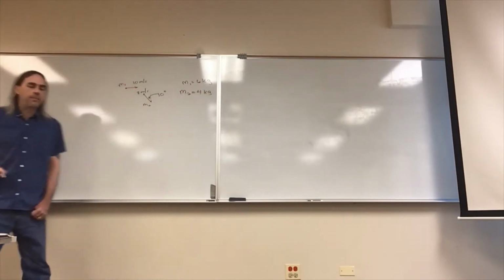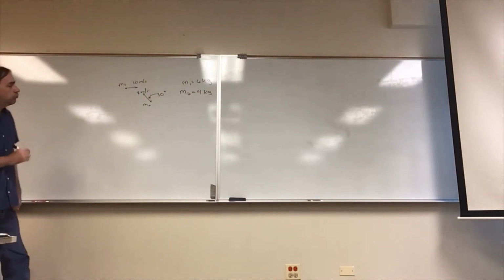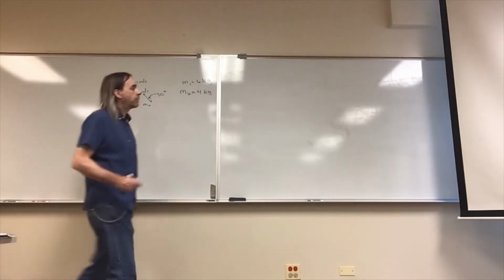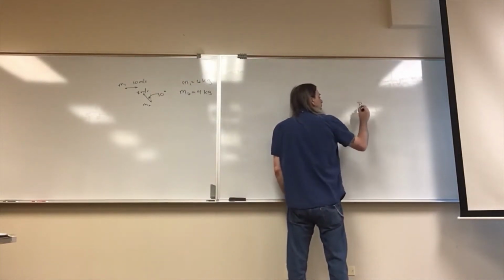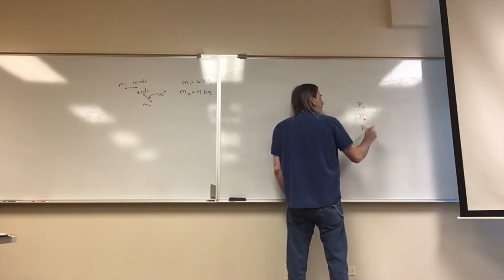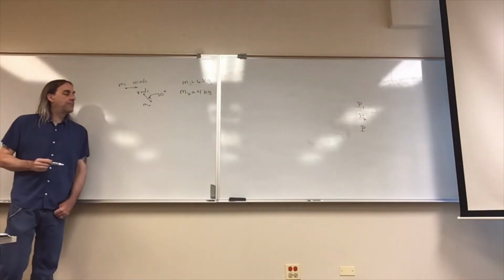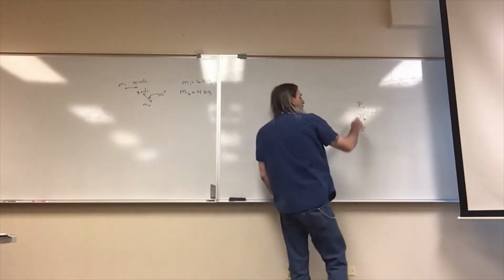So let's at least set up this problem. Let's find the momentum. Let's look at mass 1. Let's make a table. Say we have P1, P2, and P. So P1 is just the momentum of mass 1, P2 is the momentum of mass 2, and then we can add those up to get the momentum of the system beforehand.